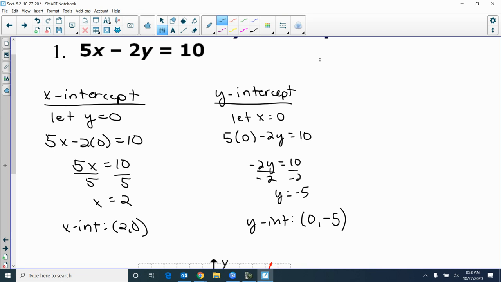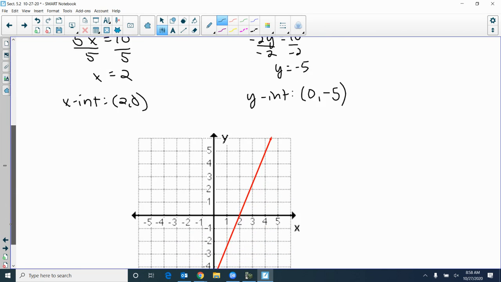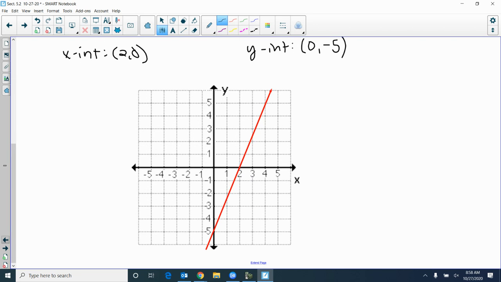Now, you've got that graph right there. Put those 2 points on there. Put the point (2, 0) down. Put the point (0, -5) down. Okay, and then connect.